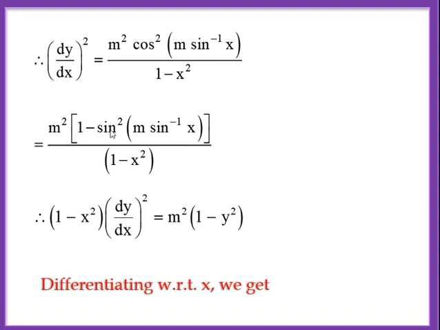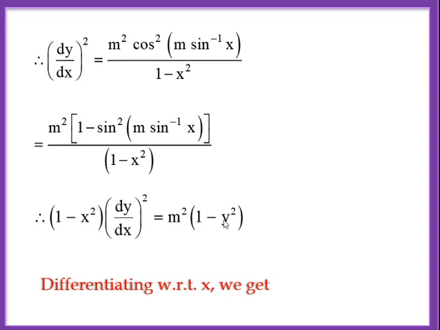This is 1 and this base is y. So y square. Now we differentiate. So let us find the derivative here. 1 minus x square into, what is derivative of dy dx square? 2 dy dx into d2y by dx square plus second function into derivative of 1 minus x square, which is minus 2x. RHS: m square into, what is derivative of 1? 0 minus.